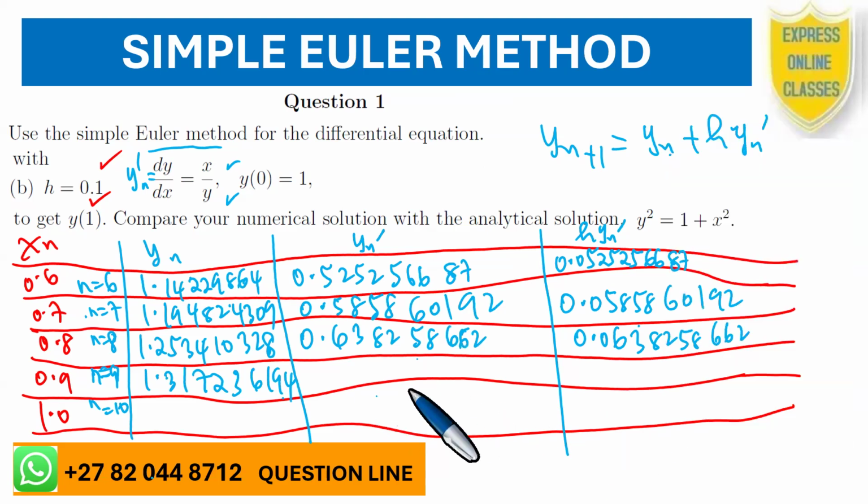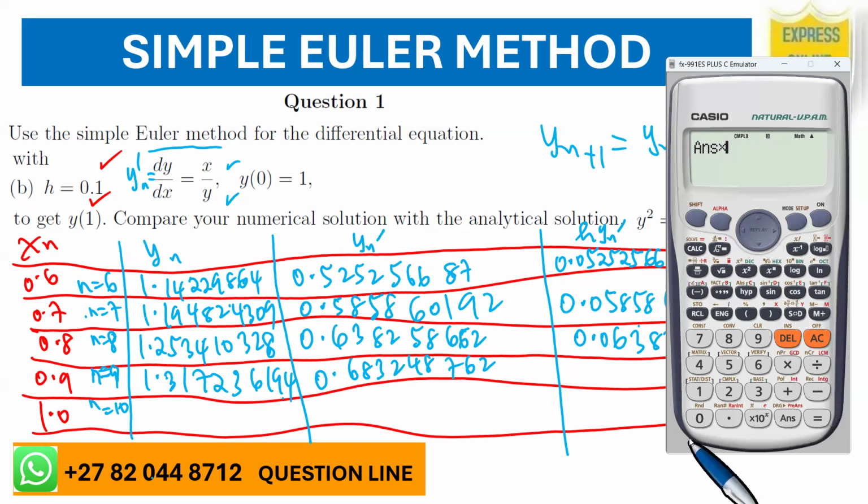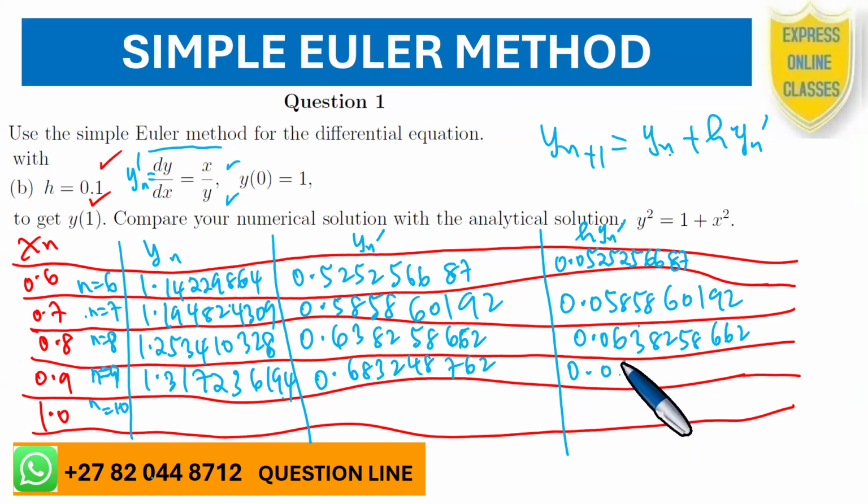So we're going to put it here. Then times 0.1, that is 0.06832487629.